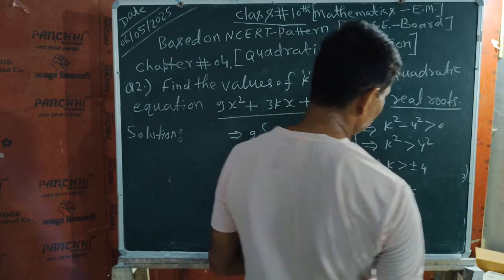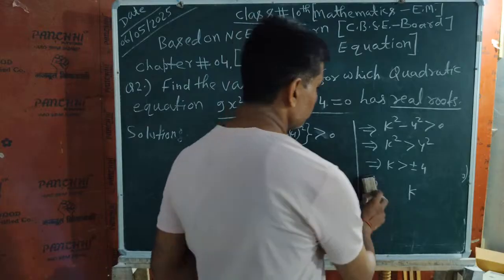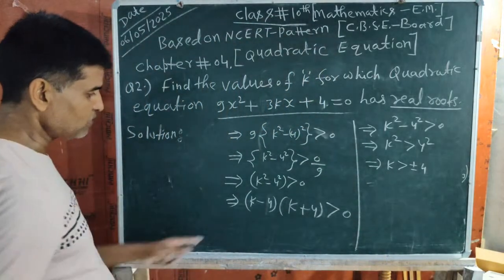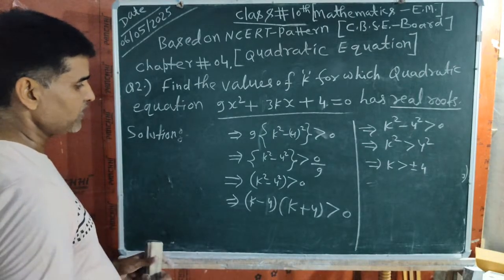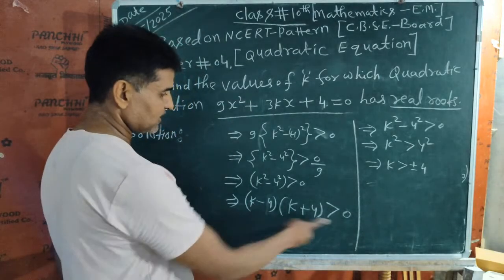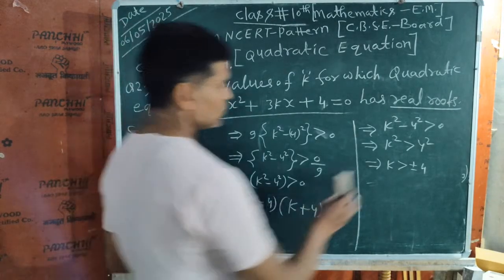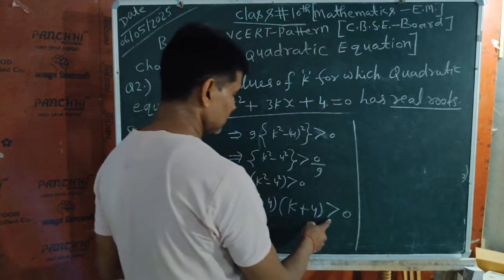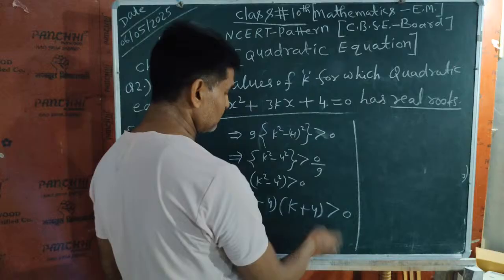Minus 4, its value will be from minus 4. I will take its number line. Okay students, I will take its value on the number line. So one value will be k which is greater than 0 and the other will be k which is also greater than minus 4.